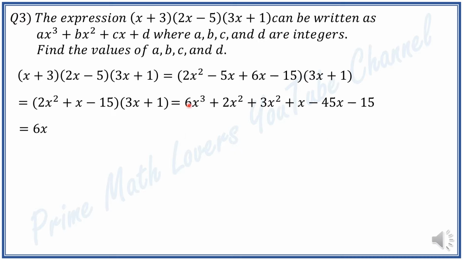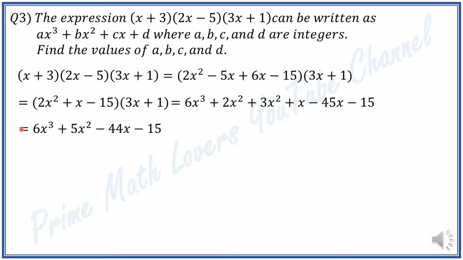Now we write down and add the terms with the same exponent. x cubed has only one term, so it will be 6x cubed. 2x squared plus 3x squared will be 5x squared. Plus x minus 45x is minus 44x, and negative 15 will be negative 15.